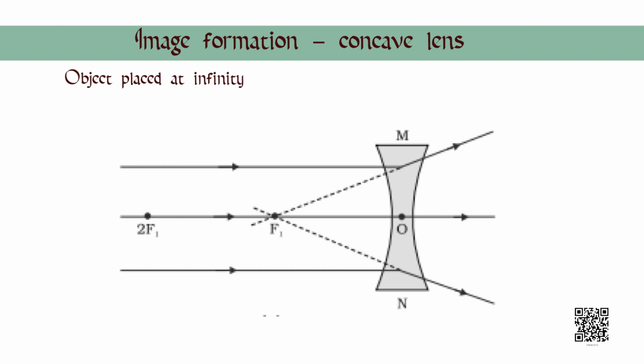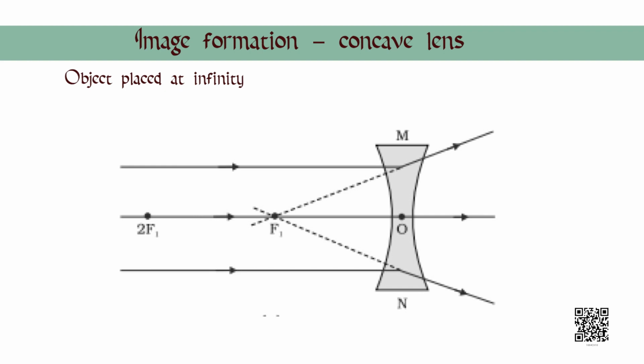I hope you remember that an image is formed by either actual or apparent intersection of two or more light rays after refraction through the lens. Considering the case when the object is placed at infinity, the rays incident from the object are represented by a pair of rays parallel to the principal axis.